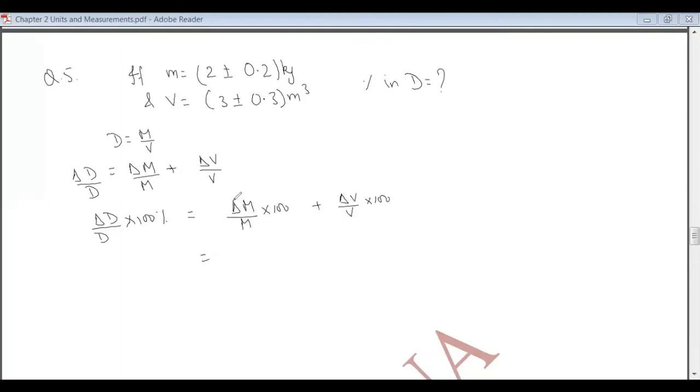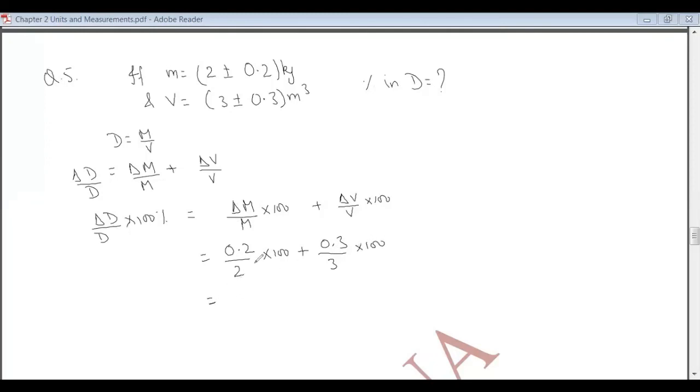Now what is delta M over here? The absolute error in mass. How can we write it down? M plus minus delta M. So delta M is the absolute error in mass, which is 0.2 kg upon the mean value of mass, 2 kg, into 100, plus delta V, the absolute error in volume, 0.3 upon the mean volume, which is 3, into 100.